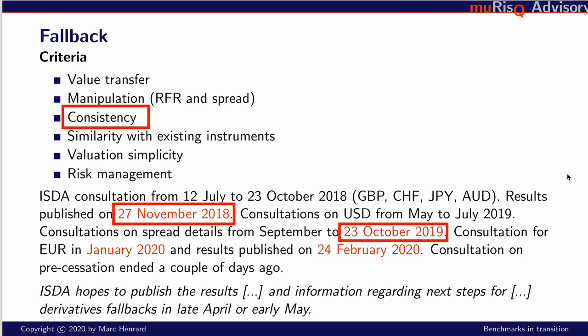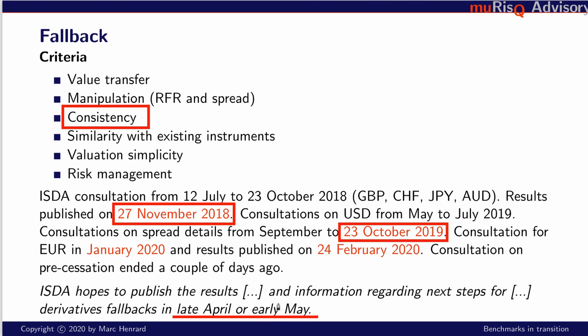We'll do our best to describe what could be done, but the final details are not announced yet. A couple of months ago, ISDA announced that it expected to publish the final wording in late April or early May, but with the crisis in the meantime, we don't know if those dates are still valid or not.